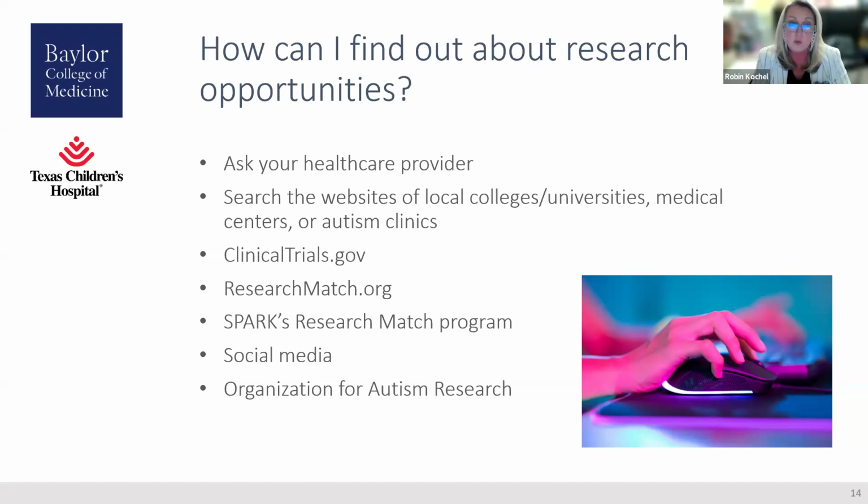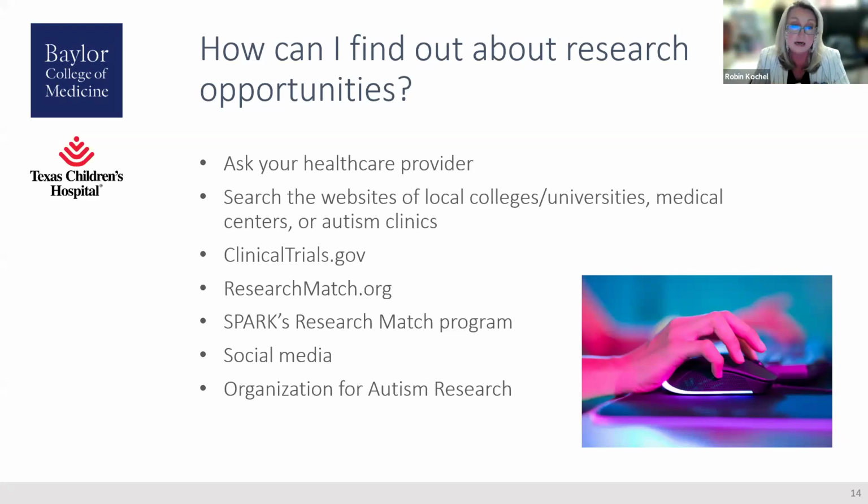You can also search the websites of local colleges and universities or medical centers or autism clinics. I know that with the SPARK Clinical Site Network, a lot of those clinical sites have dedicated research web pages where they advertise their actively enrolling studies. So that may be a good place for you to go, especially for identifying something that's local to you.